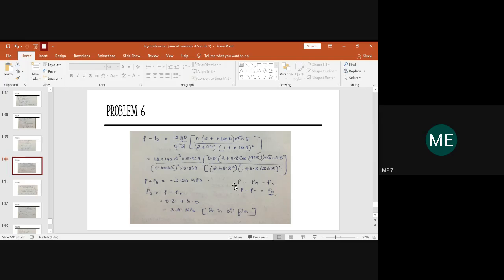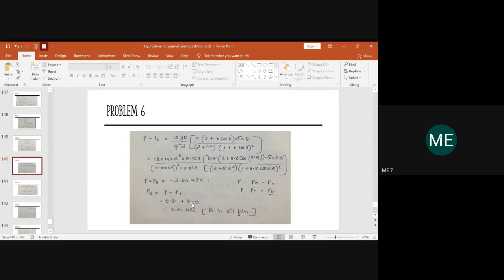And hence, from this equation, we write P naught is equal to P minus PR. Anyhow, P value is given in the question, which is 0.31. The pressure difference value we always get in negative. So minus of minus PR here becomes positive. So I have written here 3.5.